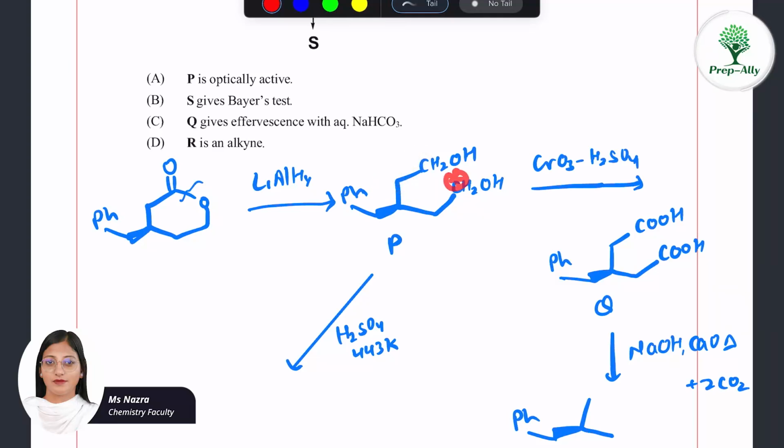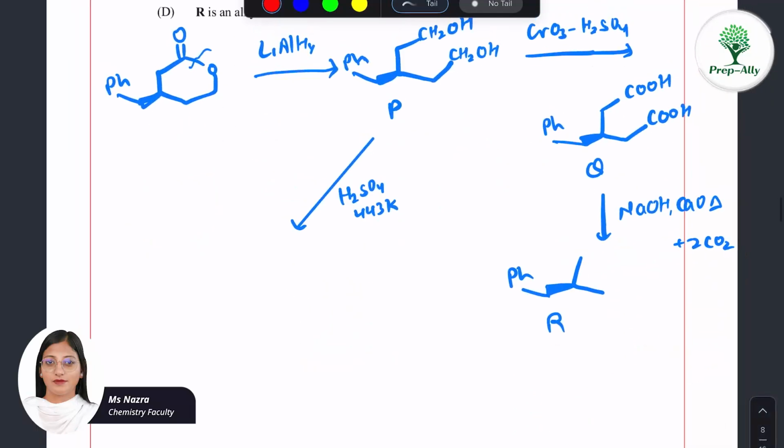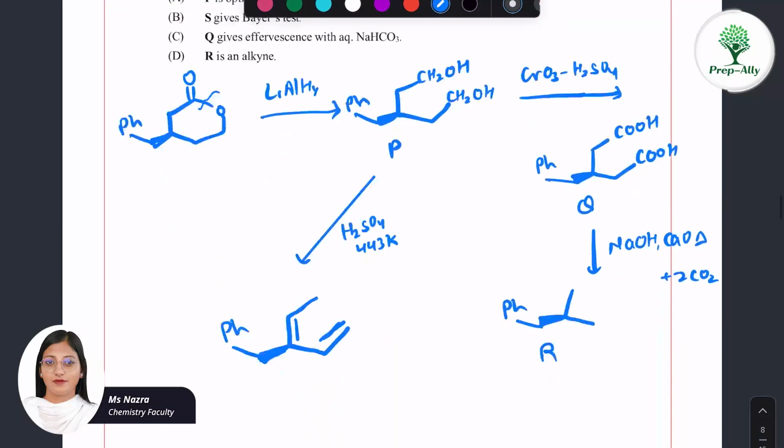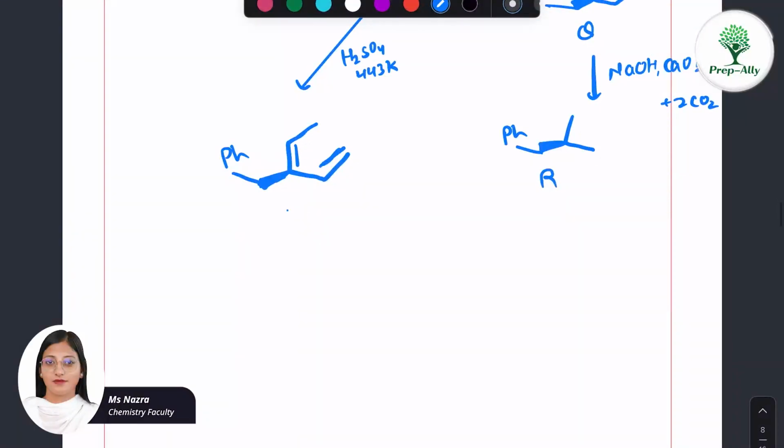Similarly, the carbocation generated over here will also undergo dehydration and form a pi bond over here. So we'll write down the structure directly here. It's a simple step. Now it will result in the formation of this type of compound. This will be your S.